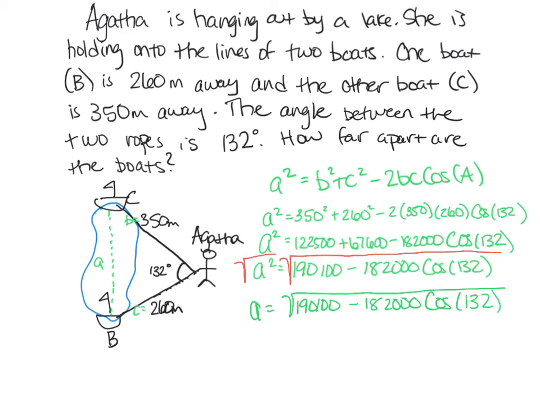And now that A is by itself, I can start plugging things into the calculator. I'm going to plug this into the calculator all in one go. And that is going to give me 558.46. And I'm like, hey, you know what? This is a story problem. We should write a sentence.